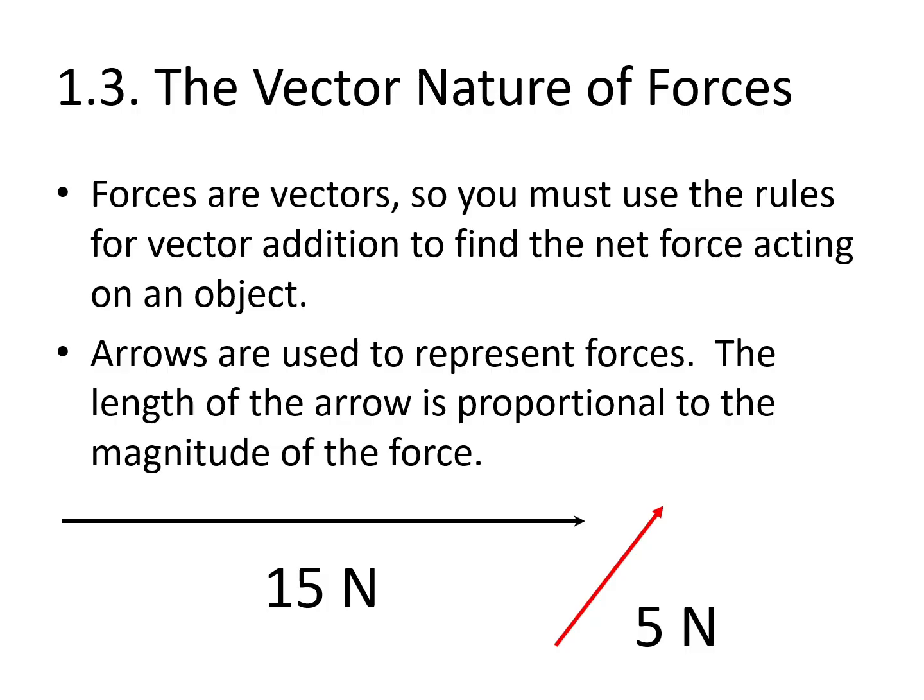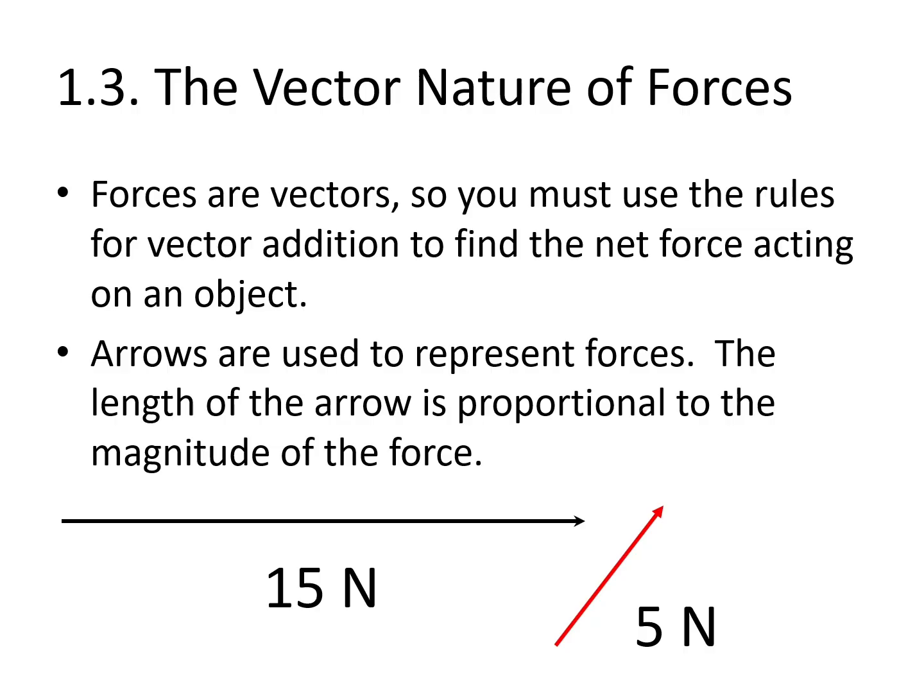This is why a force diagram is so useful. It allows us to see which forces reinforce one another, which forces oppose one another, and which forces act in perpendicular directions. The vector sum of all forces acting on an object is called the net force. The net force determines whether the object's velocity changes or not.